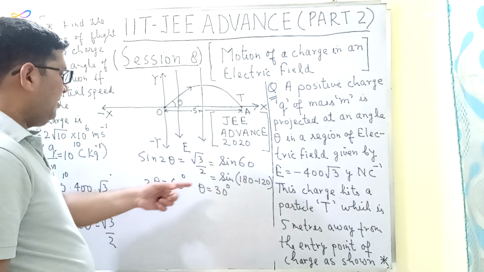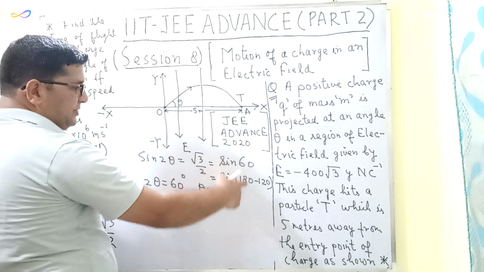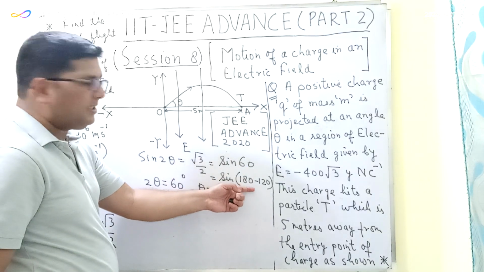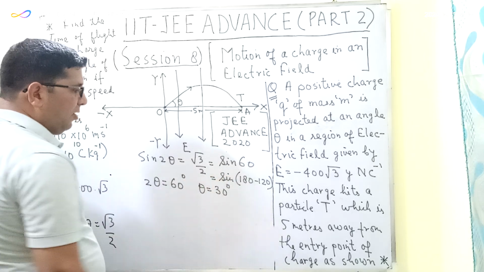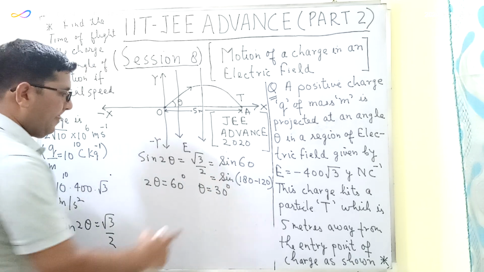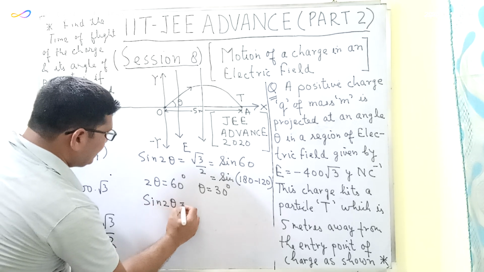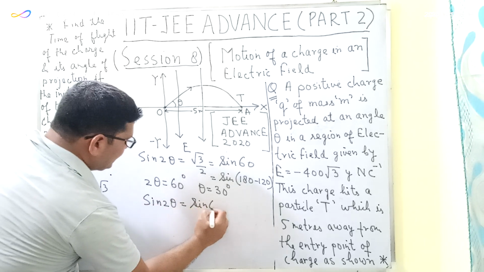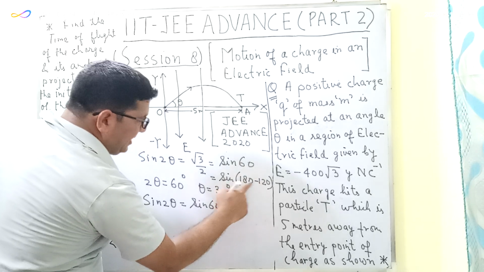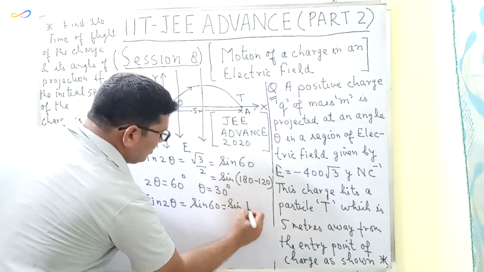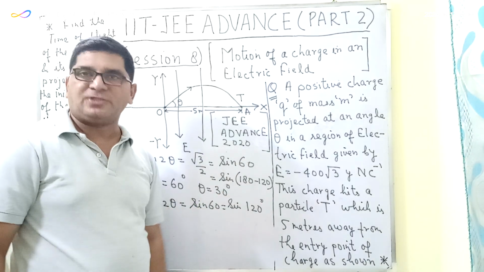And in the second case, sine 2 theta is equal to sine 60, which can also be written as sine of 180 minus 120. So this is equal to sine 120, because sine of 180 minus theta is equal to sine theta.